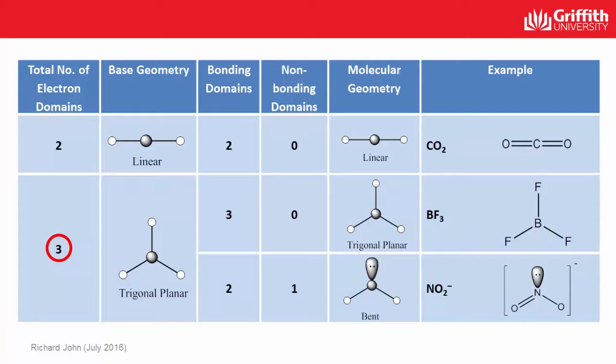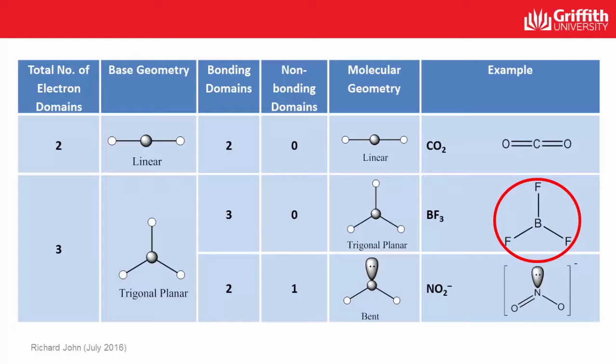Where an atom has a total of 3 electron domains surrounding it, 2 possibilities exist. All 3 domains are bonding domains, or only 2 are bonding domains and the other one involves a non-bonding pair of electrons. An example of the former is the BF3 molecule with 3 bonding domains and 0 non-bonding domains.